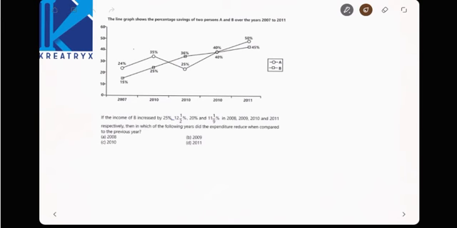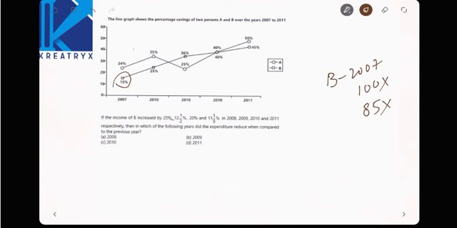Now, see here. Let us consider the income of B in 2007 is 100x. Okay. Now what is his expenditure in 2007? His savings is 15%, so expenditure must be 85x.